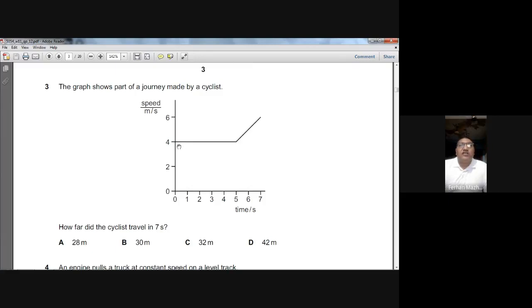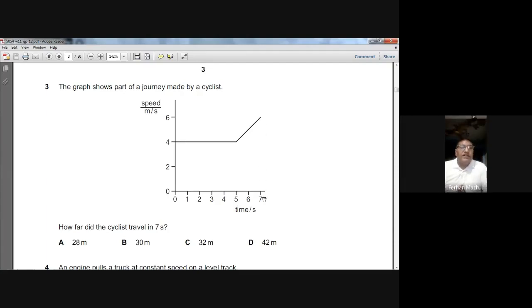The area of this rectangle will be length into width. That will be 5 into 4, and that will be 20. And the area of the trapezium will be 1 by 2 into height into sum of parallel sides. So height will be 5 to 7, that is 2. This will be parallel line number 1, and its length will be 4, and this will be parallel line number 2, and its length will be 6.